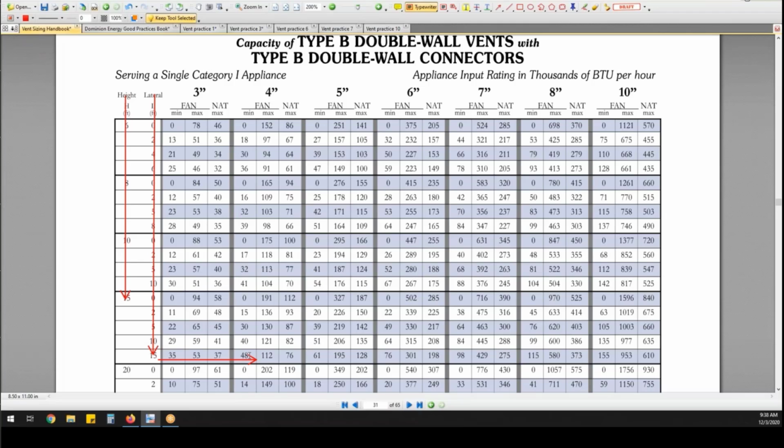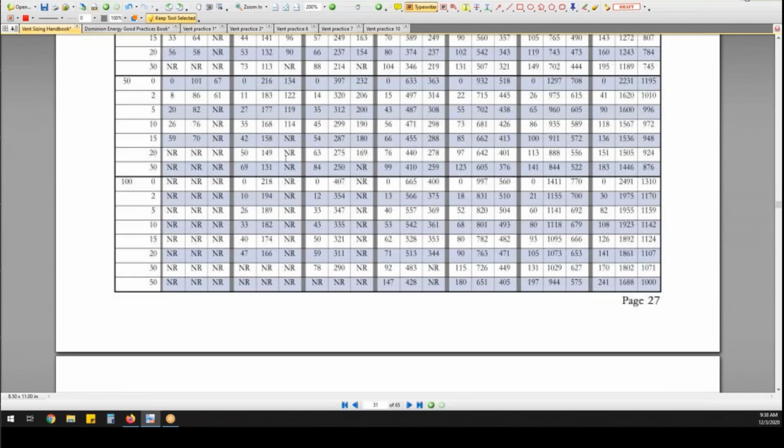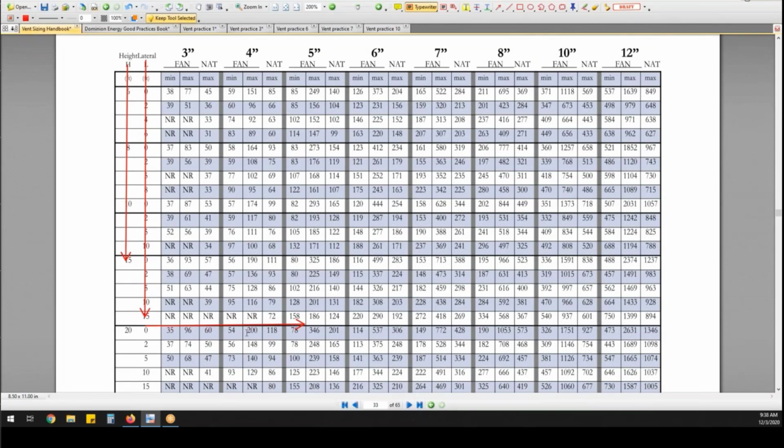So the only way this one will work is I've got to do everything in double wall. If I try to switch my connector over to single wall to save a few bucks, I discovered it won't work. The gamma charts are telling me you can't even do it in 4-inch, don't even try. And if I want to go to 5-inch, because I've got so much single wall in there, a 15-foot lateral run, that's a long lateral run.